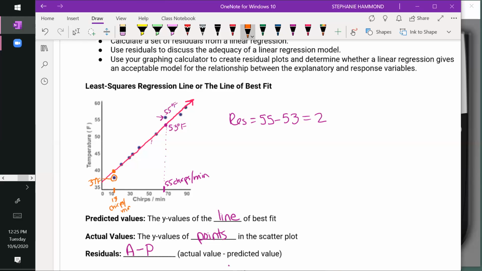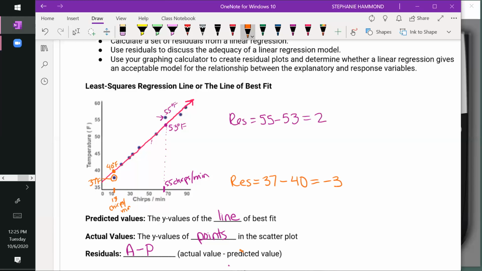On the line, it looks like it's closer to 40 degrees Fahrenheit. So the residual there, again, you always take your actual and then subtract predicted. So the actual in that one is 37, that's the point of the scatter plot, minus the predicted value on the line, 40, gives us a negative 3. So it is possible for the residual to be either positive or negative.